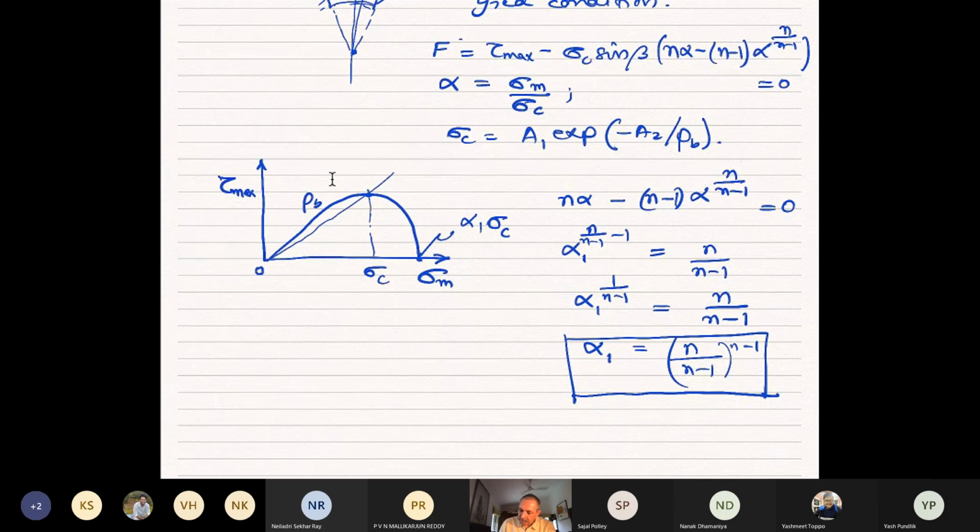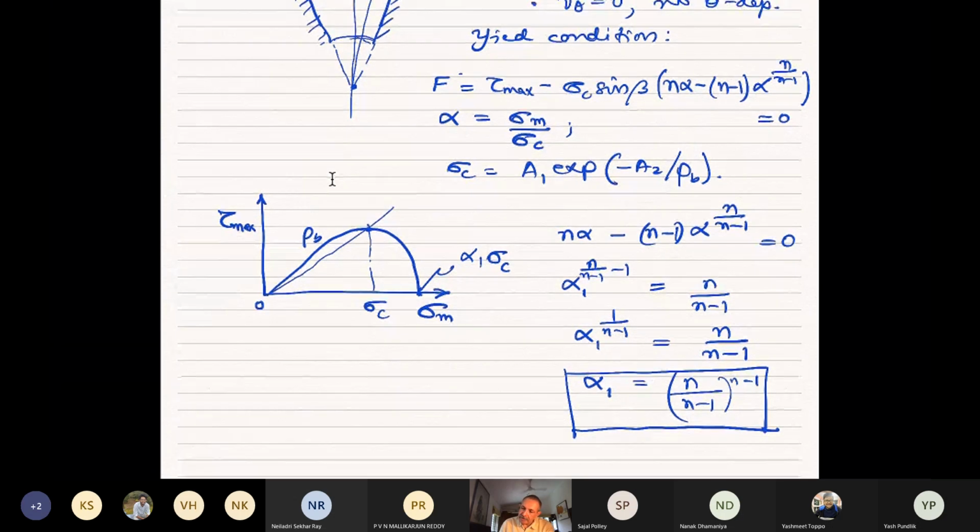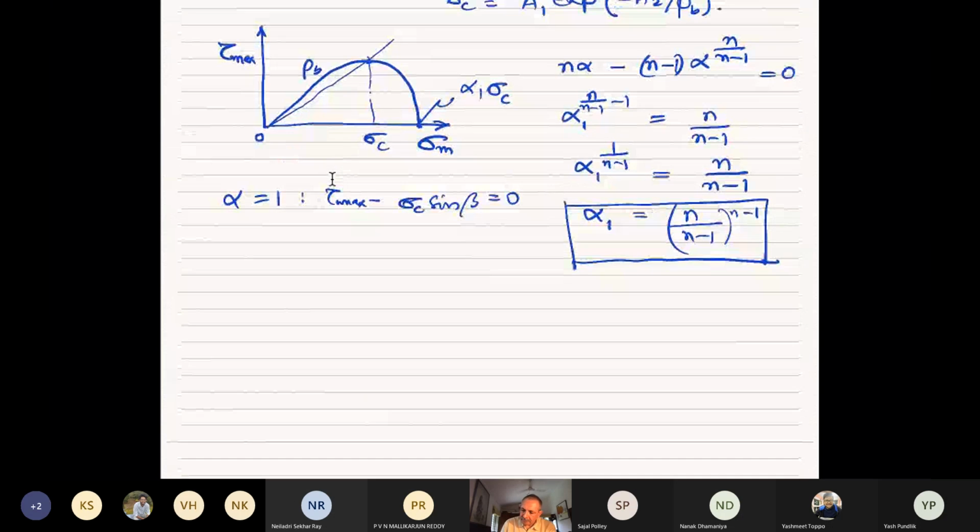So basically, from this equation, when alpha is equal to 1, then this term becomes equal to 1. So when alpha is equal to 1, from the yield condition, we have f is equal to 0, so you have tau max minus sigma c sine beta is equal to 0.